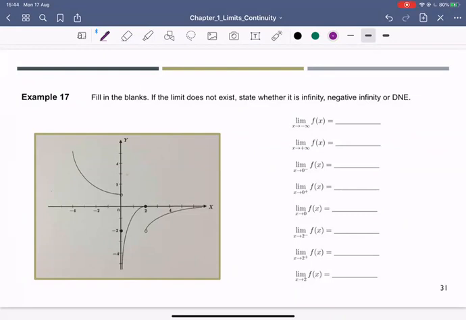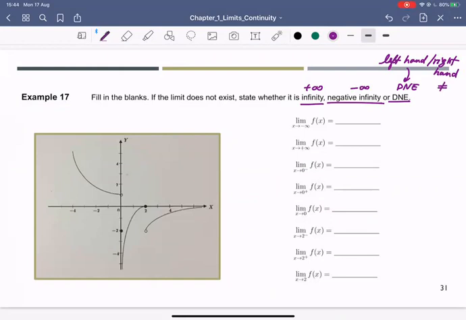If the limit does not exist, state whether it is infinity, negative infinity, or does not exist. Does not exist in the last case means the left hand limit and the right hand limit are not equal to each other.